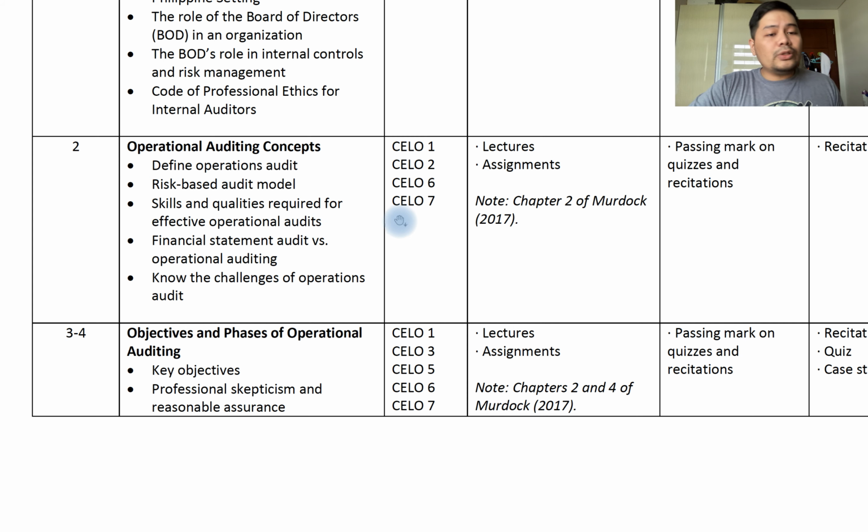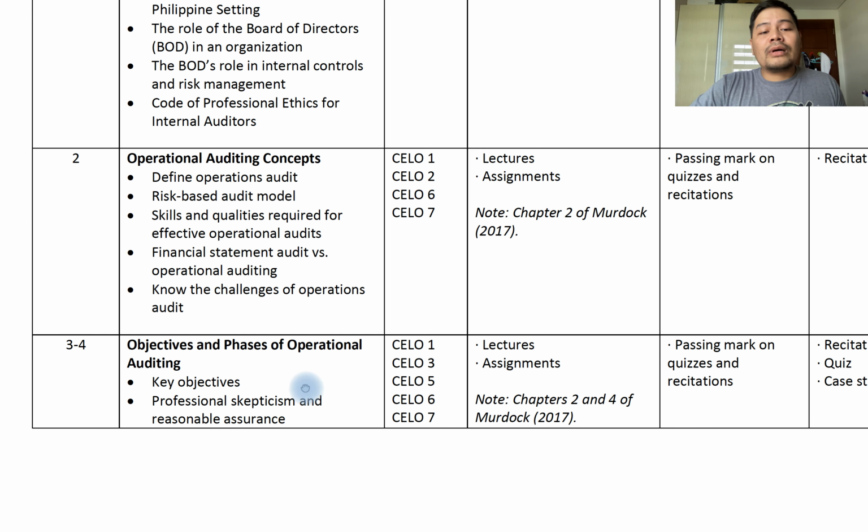For weeks 3 to 4, we'll be discussing the objectives and phases of operational auditing. Okay? So, in here, we need to discuss the key objectives of the operational auditing or operations auditing. And then, next, the professional skepticism. Alam nyo na yung professional skepticism. Hindi ka naman dapat magmukhang kaduda-duda.